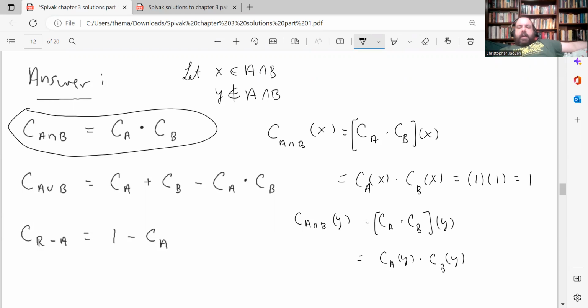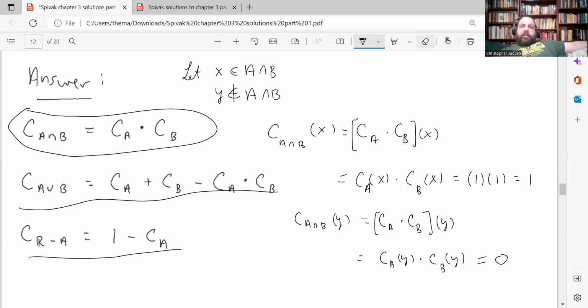At least one of these factors in the product is 0 because Y is not an element of the intersection, meaning it's not in both A and B. So one of these factors will have to be 0, or both could be 0, which means that you get 0.